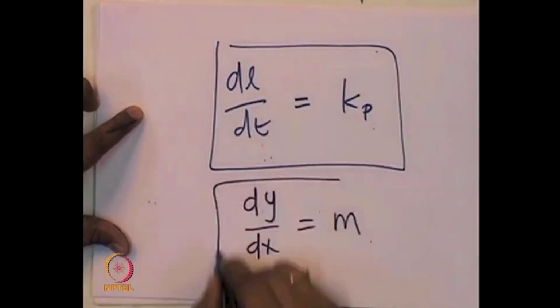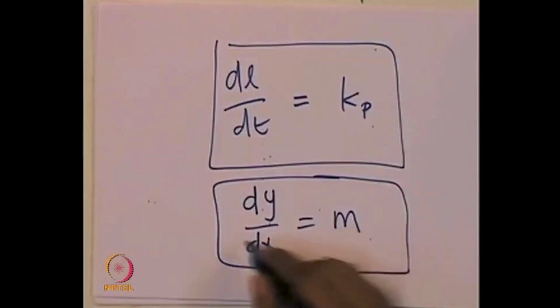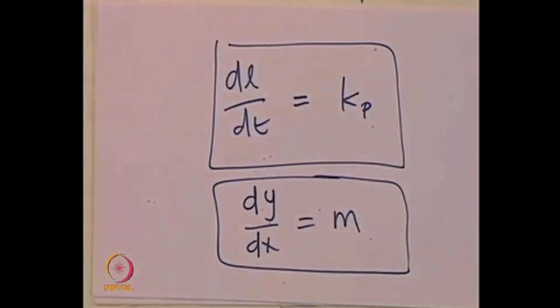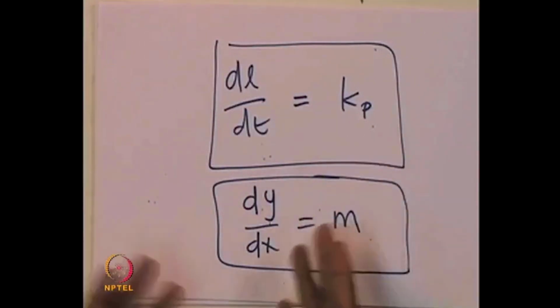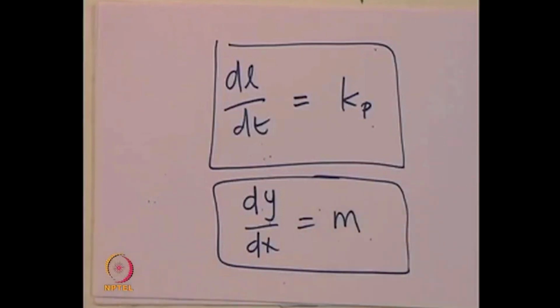These are similar equations, so this gives you a hint that it will have something to do with a straight line. Let us try and understand what the straight line is here, but let us go back.